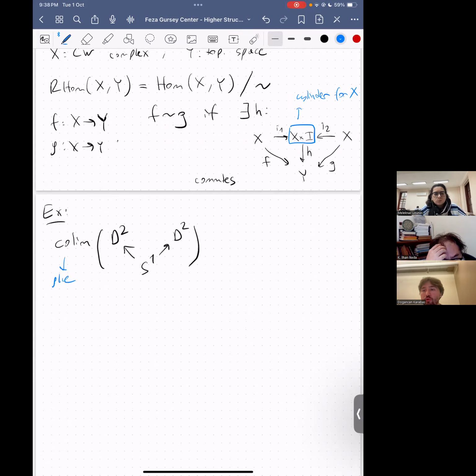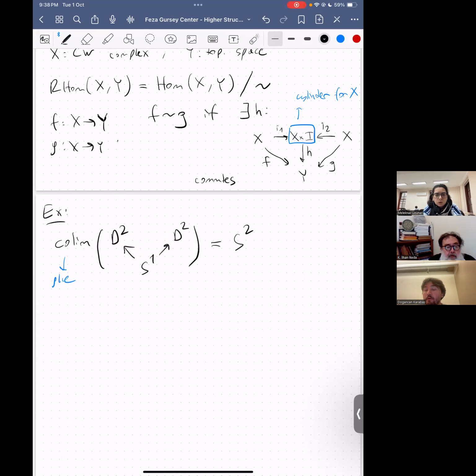It says glue two disks in such a way that you identify the images of these two arrows. And assume that this arrow hits the boundary of these disks. So basically, this colimit says that you need to glue two disks along their boundaries. What do you get? A sphere. This is the colimit in the category of topological spaces.